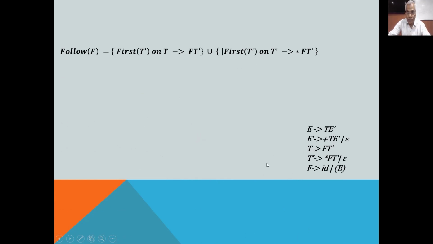Next is F, and this has two productions, T to FT dash and T dash to star FT dash.